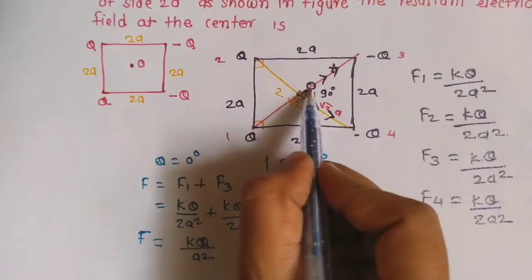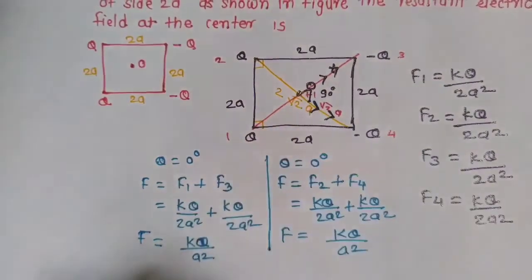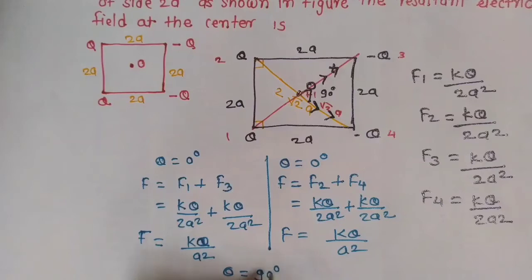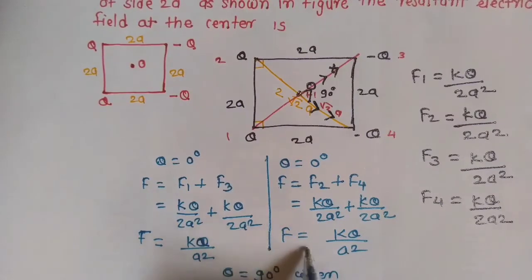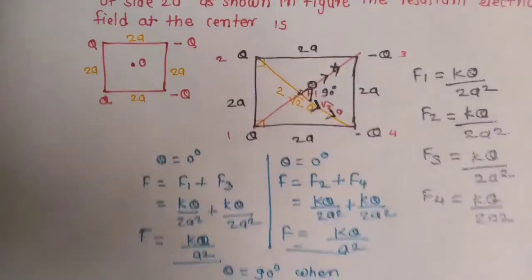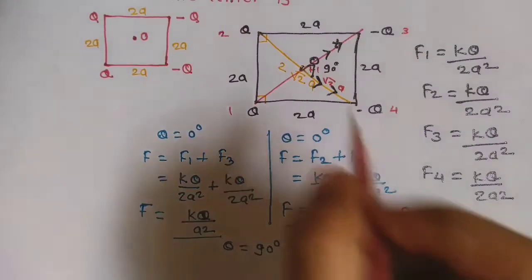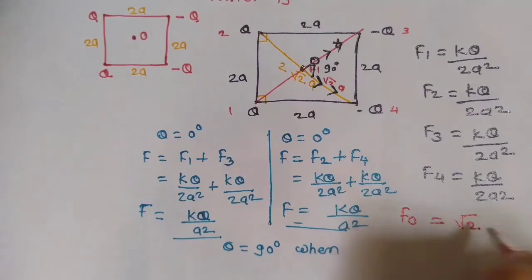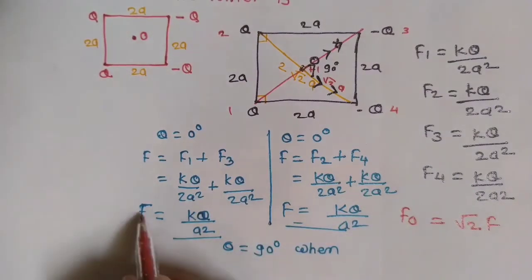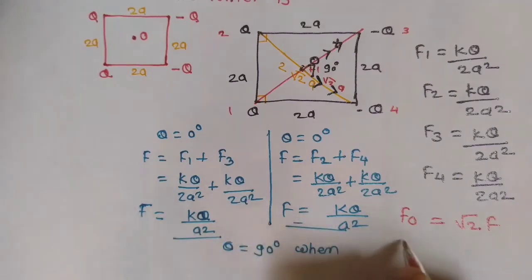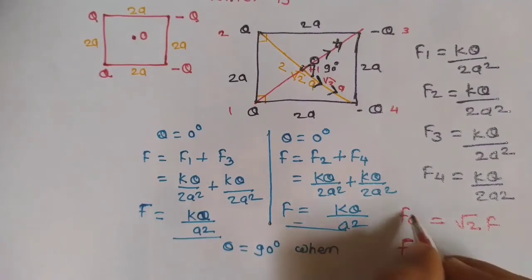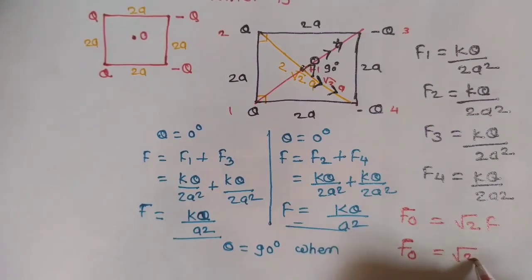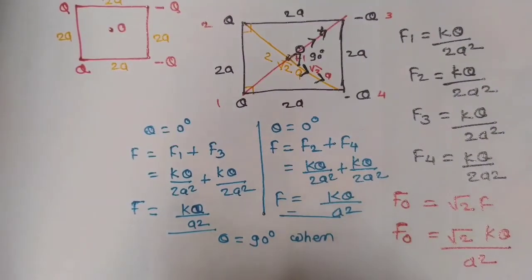और यहाँ पे इन दोनों के बीच जो एंगल बनता है वो 90 डिग्री बनता है. So when theta is 90 degrees and when both forces are the same, then FO, जो सेंटर पे फोर्स क्रिएट होगा, FO is equal to √2 into F. OK, यहाँ पे जो दो फोर्सेस हैं वो equal हैं, that is F at O is equal to √2 into KQ upon A square.